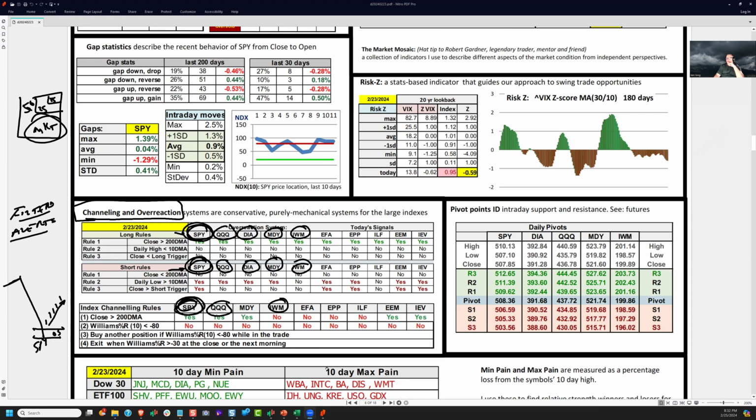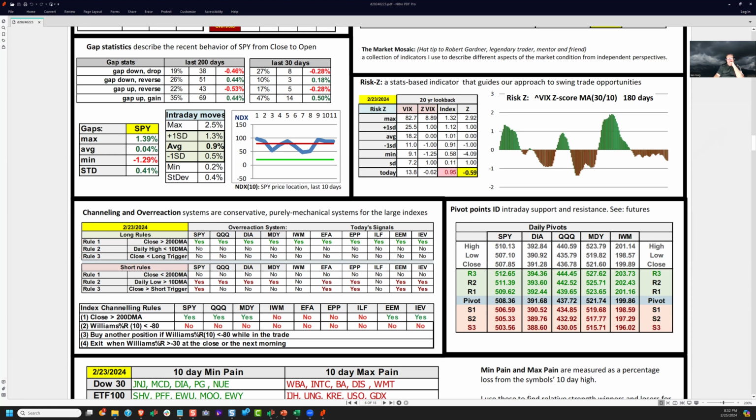So you're using it as an indicator, you're waiting for the big indexes to start reversing.